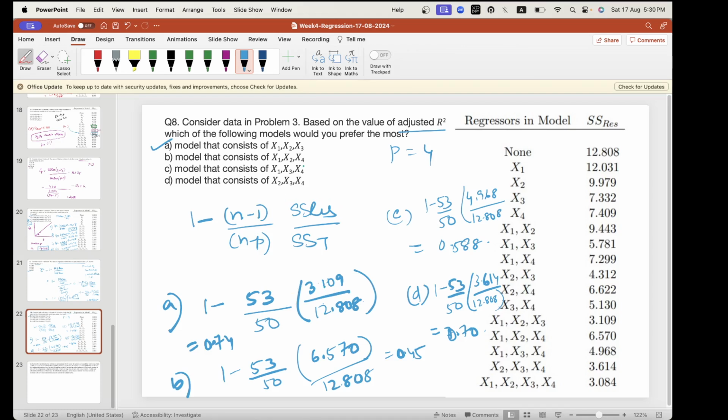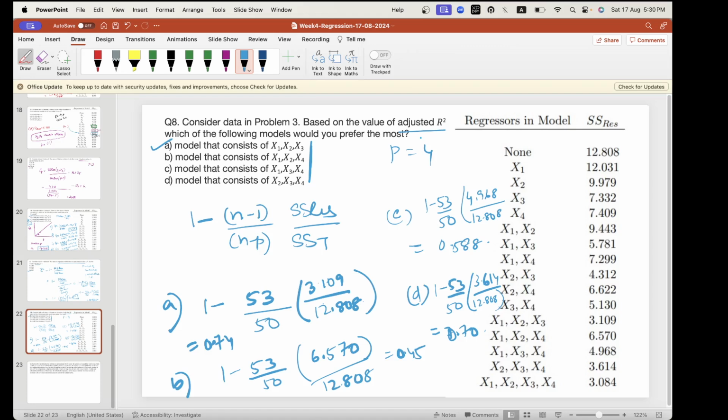Only for this case, since P is not changing, SS residual is the only variable factor over here. So in case you see that P's are all equal, then you can directly make a call saying that this adjusted R square value would be inversely proportional to the sum of squares due to residuals.